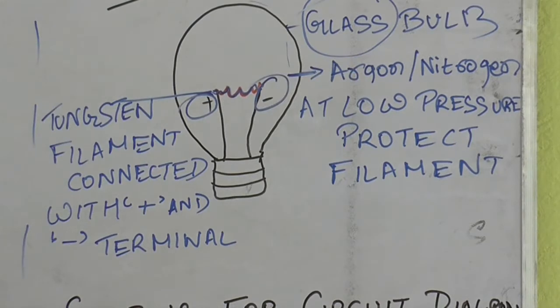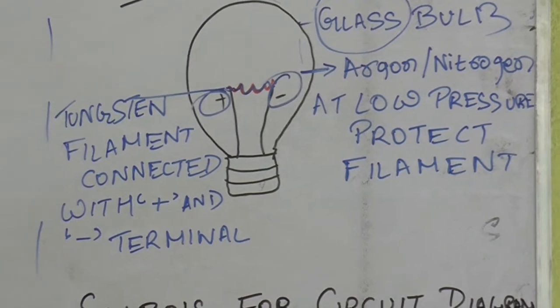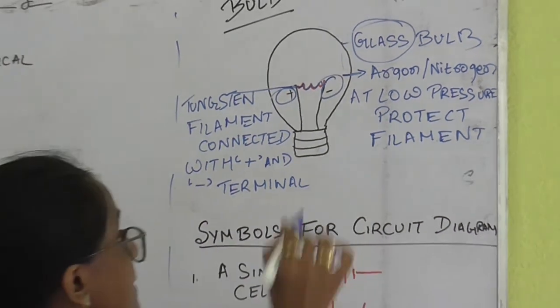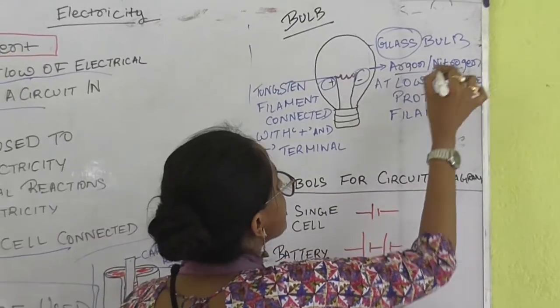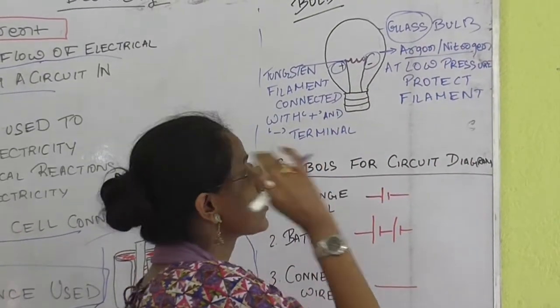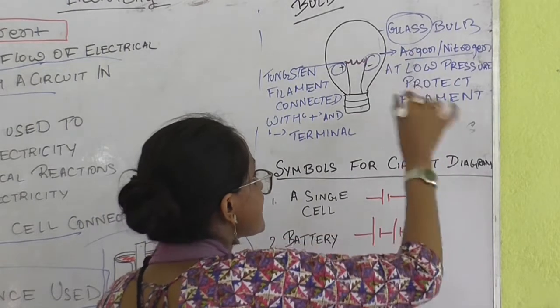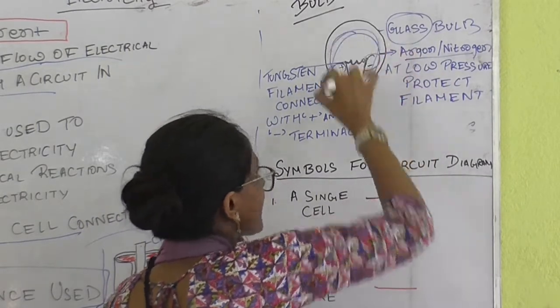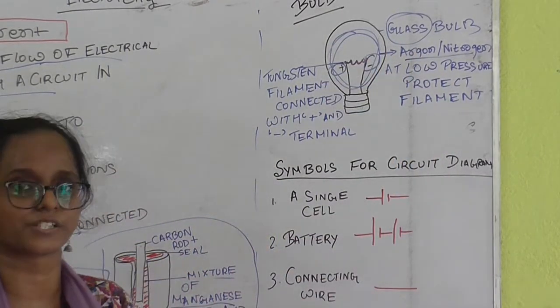That filament is the one which generates the light. As the filament has that importance, we have to protect it, we have to take steps so that the filament remains intact. What is the step taken? The step is that argon or nitrogen gas is put in this free space at low pressure.